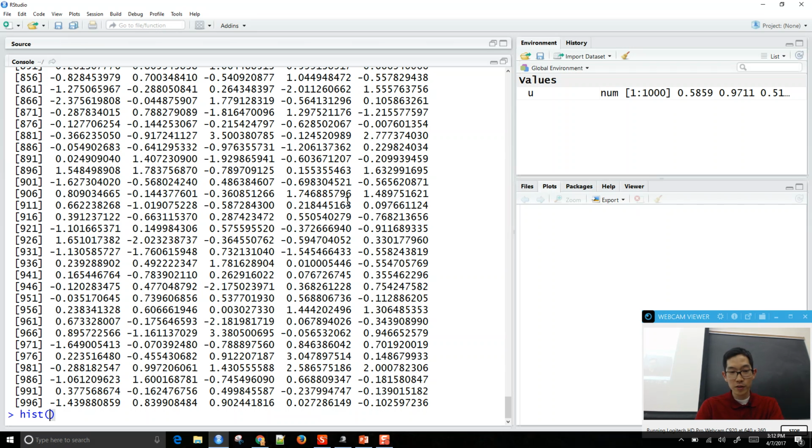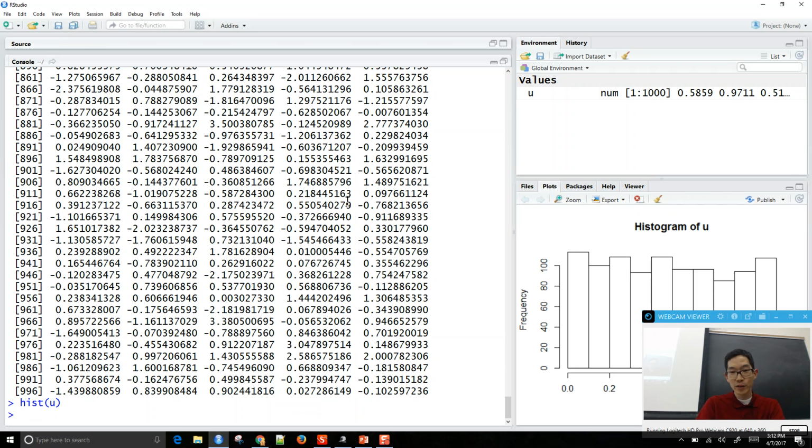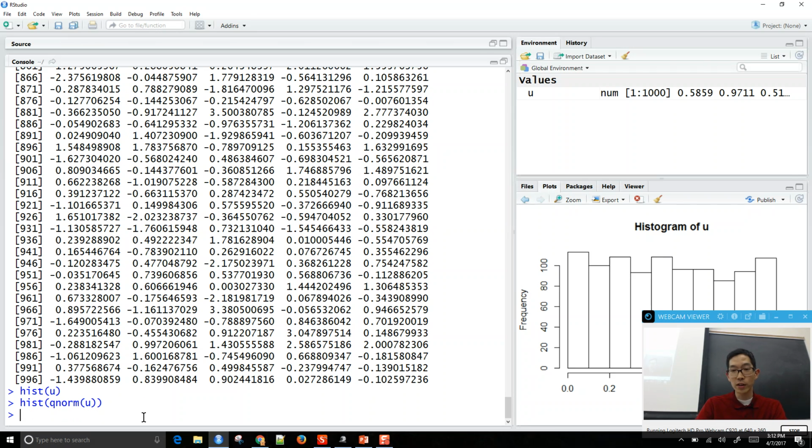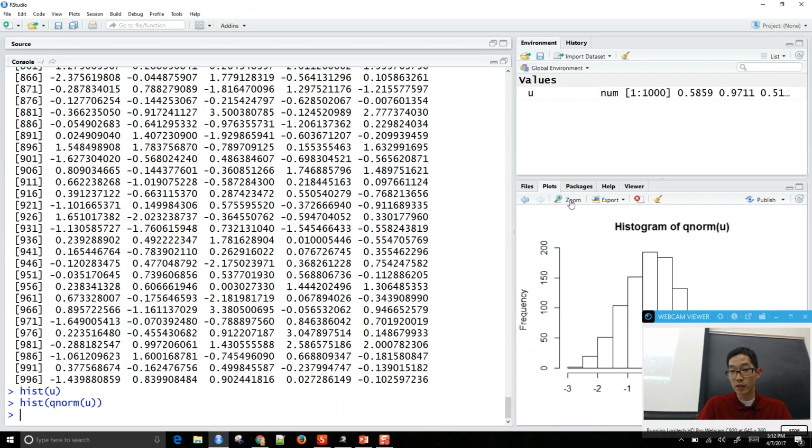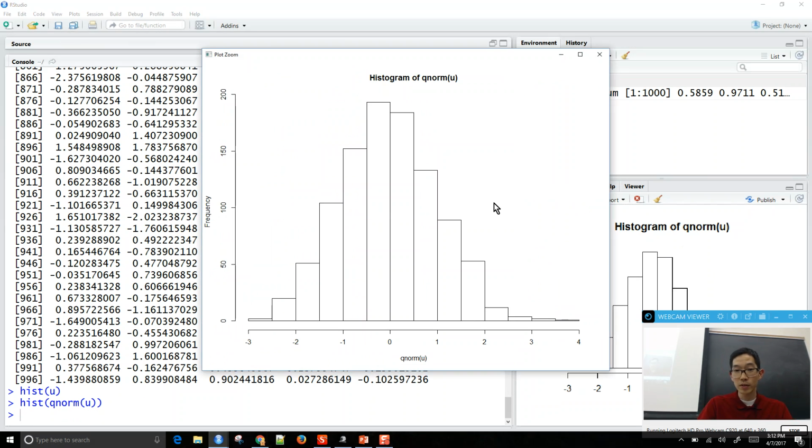Give me a histogram of the 1,000 values, and we see it's uniform. And I can say, give me a histogram of Qnorm of those 1,000 uniform values, and we see this looks like the normal distribution. So Qnorm works as our inverse CDF.